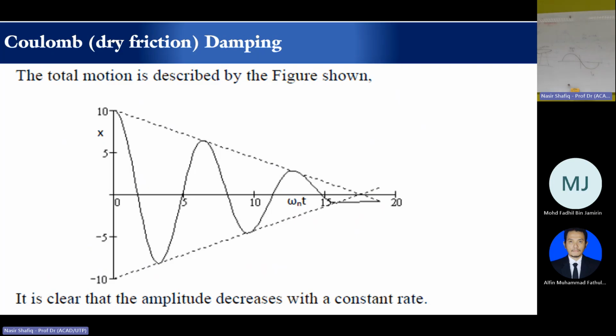Here we consider the amplitude, this decreases, because the decrement is at a constant rate, right? If it is not constant, after each cycle we can apply the logarithmic decrement.